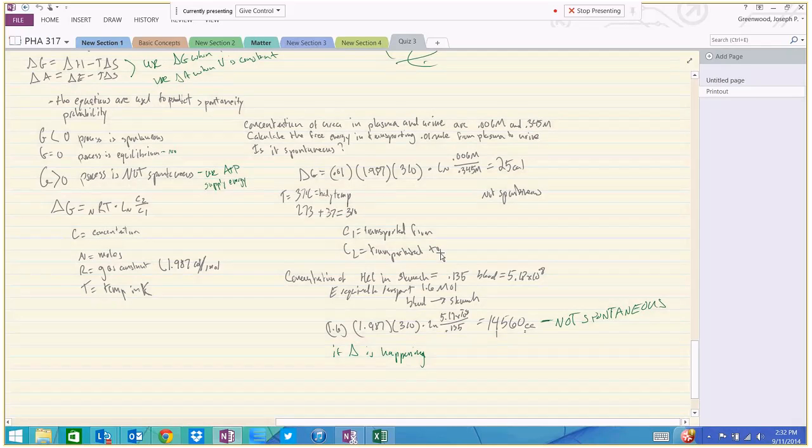And this might actually be wrong. After I was thinking about it, HCl should go from blood to your stomach fairly easily.